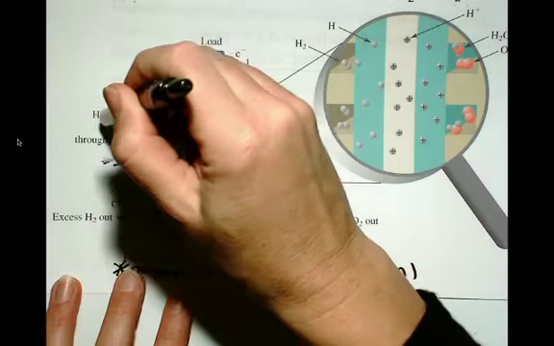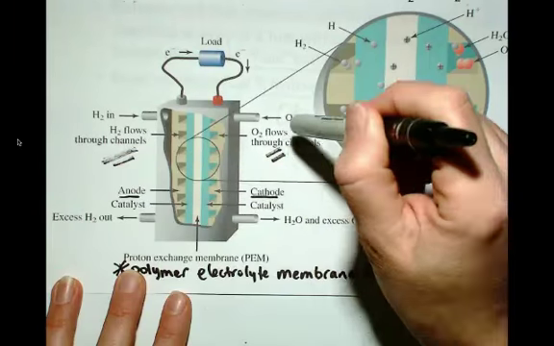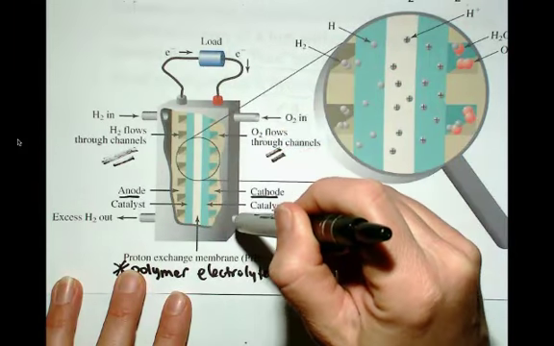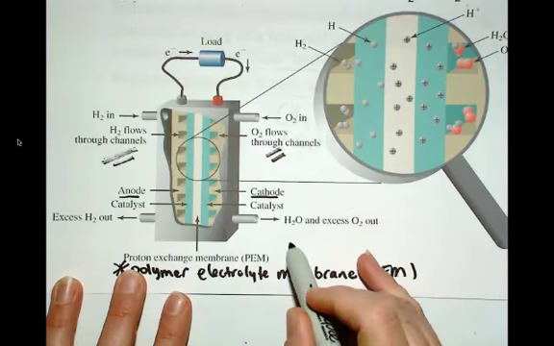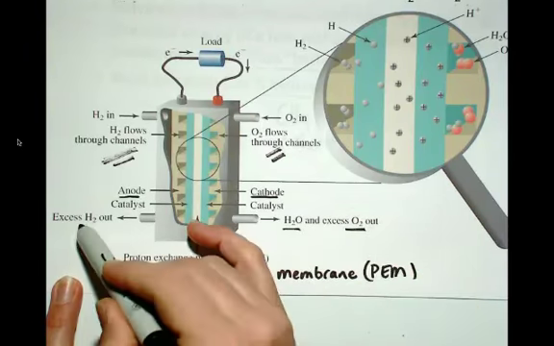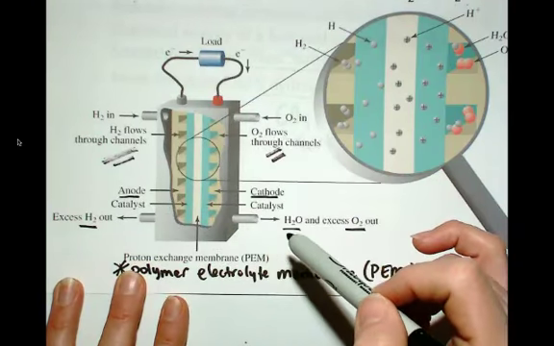Okay, so the hydrogen is flowing in, and the excess hydrogen is flowing out. Oxygen is flowing in, and excess oxygen and the product of the oxidation reduction reaction are flowing out. That's why it's called a flow cell. We're continually flowing the fuel through.